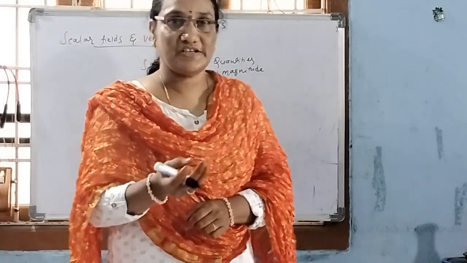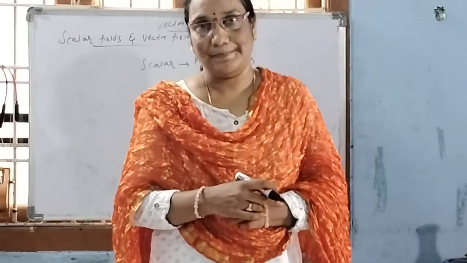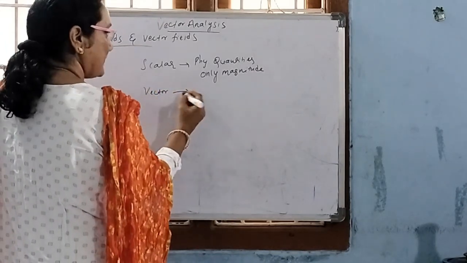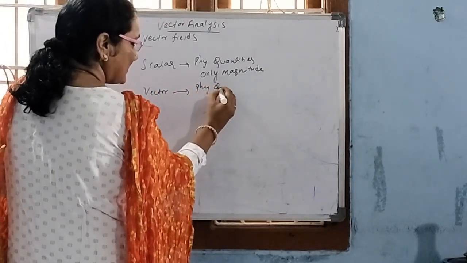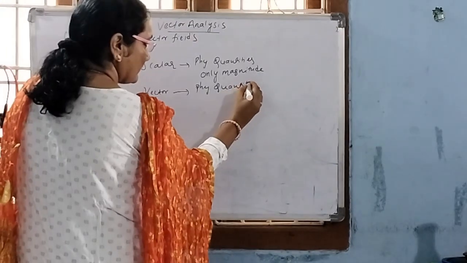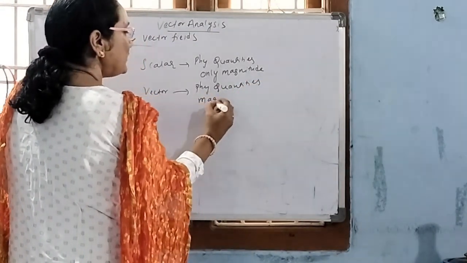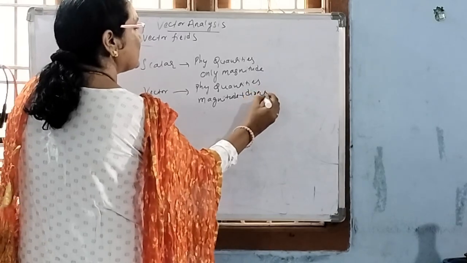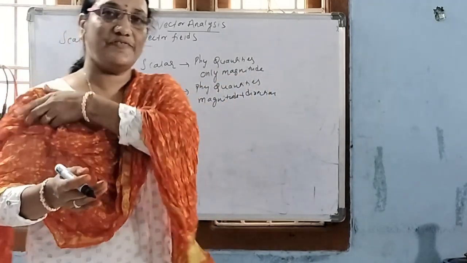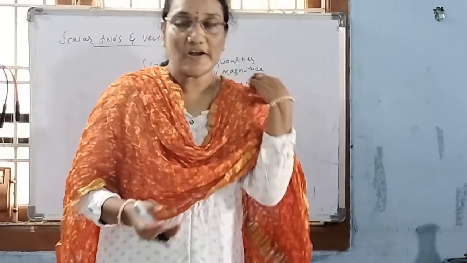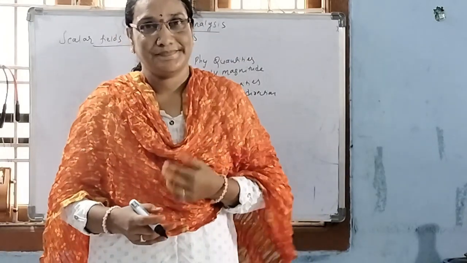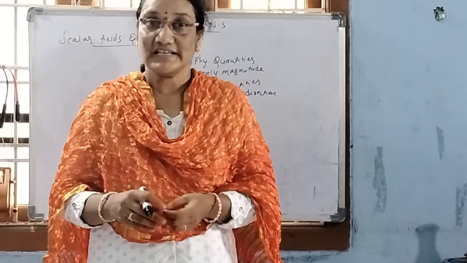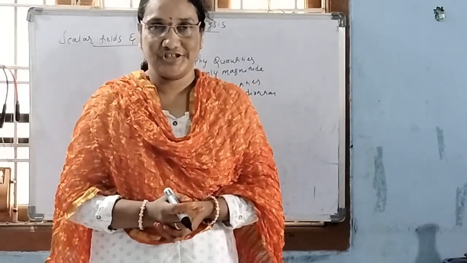Example, temperature, mass, time, etc. And vector quantities means that particular physical quantities which have magnitude as well as direction. Electric field, magnetic field, velocity, acceleration. These all come under vector quantities, which have magnitude as well as direction.